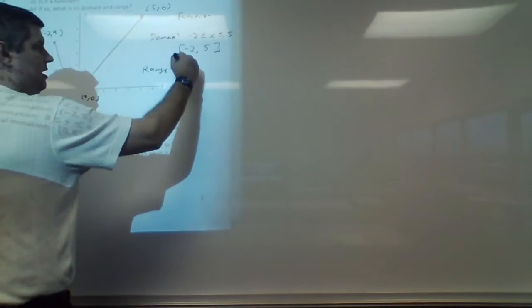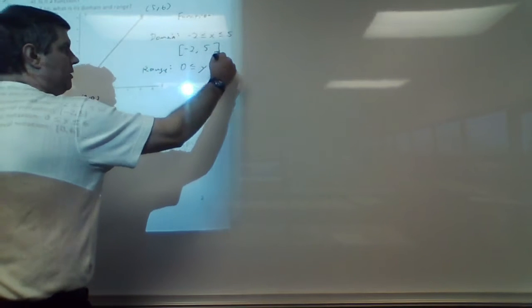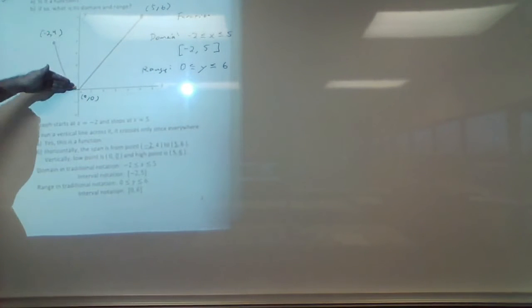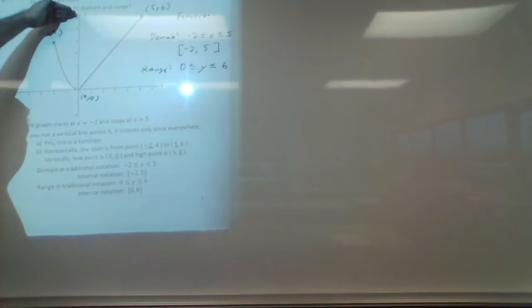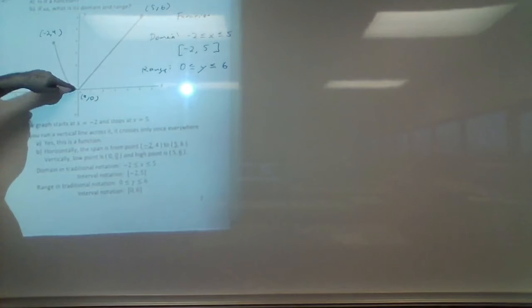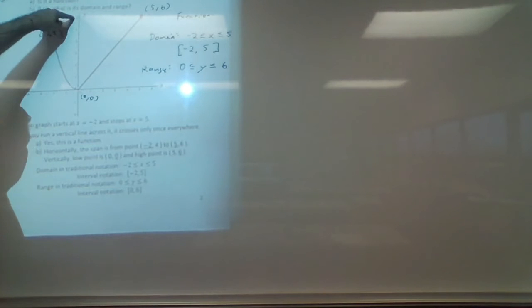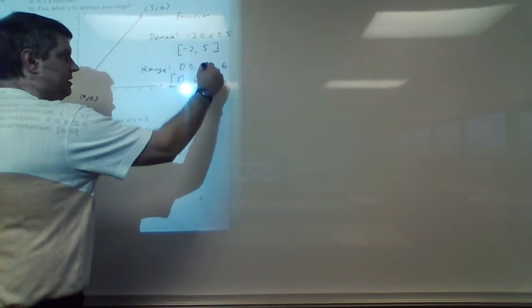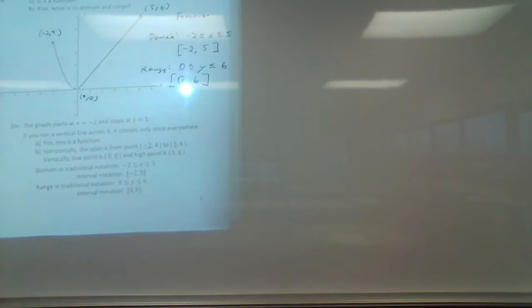That's the range. 0 is less than or equal to y, which is less than or equal to 6. Okay? The range, the set of vertical coordinates that are available. 0 is the low y value, 6 is the high y value. So, 0 to 6, okay, with brackets.